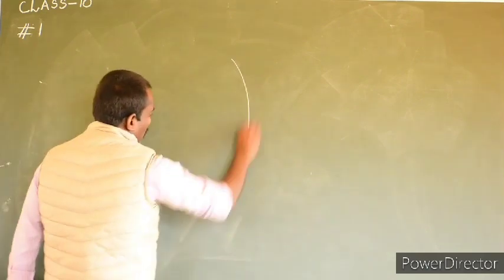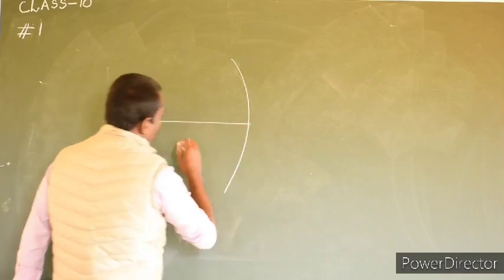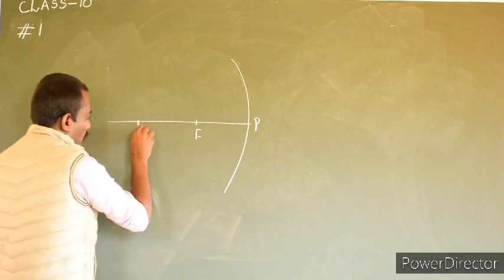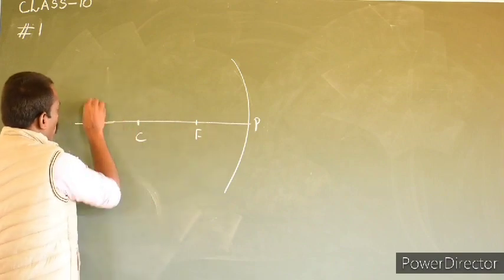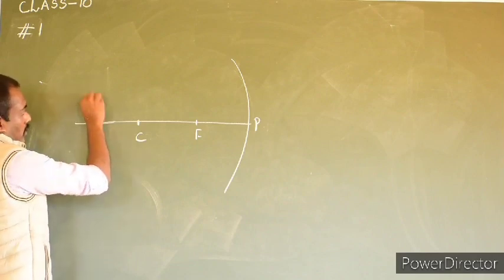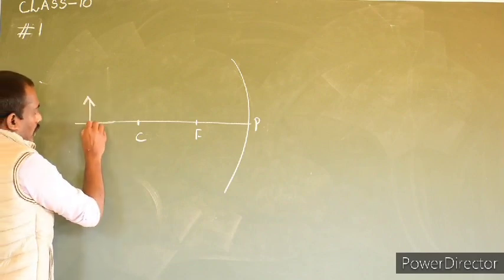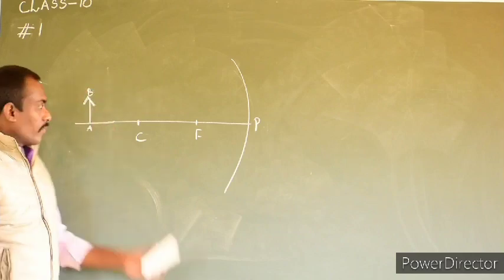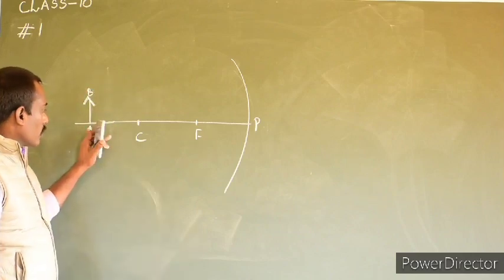And now let's see next, if the object is kept nearby the mirror but beyond C. Suppose this is the object, A B. So where is the position of the object?